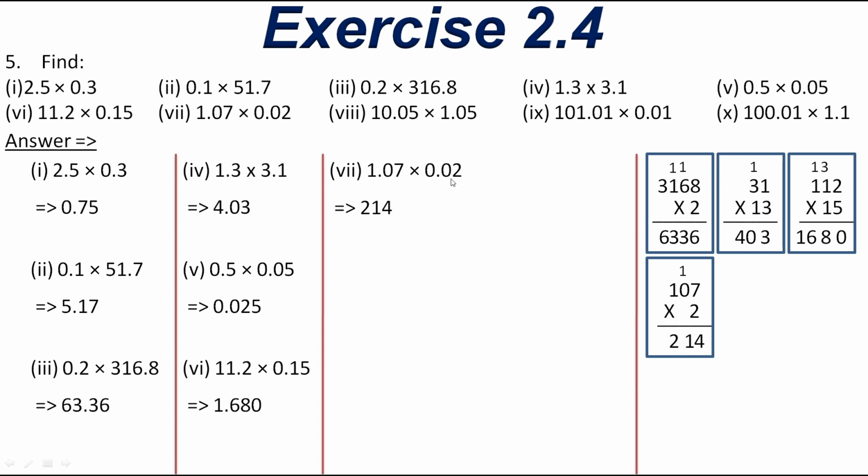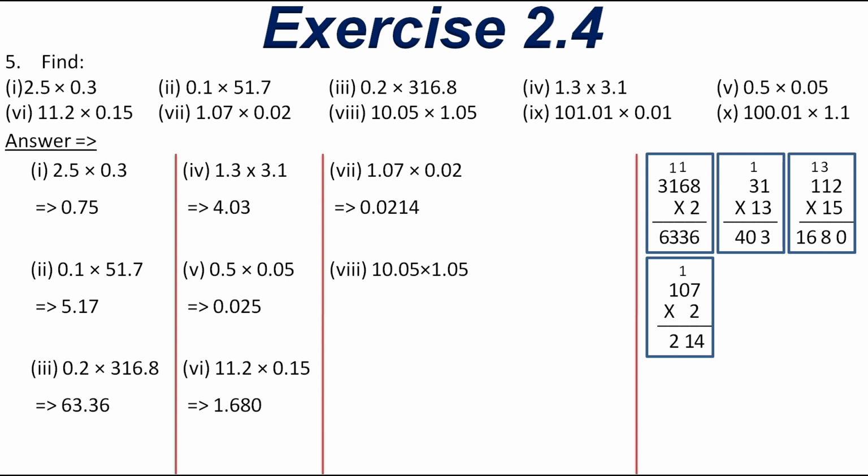Here also we have 2 digits after decimal point. That means totally 4 digits. Okay, 2 plus 2 is 4. That means we have to put 4 digits after decimal point. So we have to put a 0 here because totally the number of digits should be 4, right? But here we have 3 digits. That means the answer will become 0.0214. Okay.